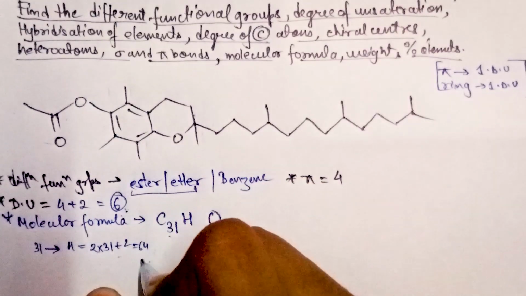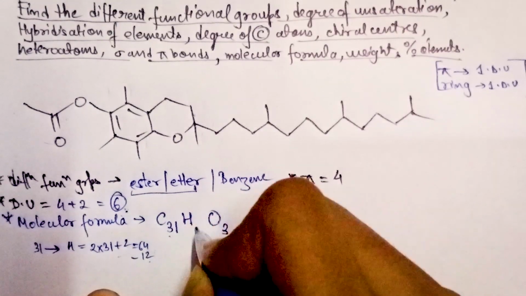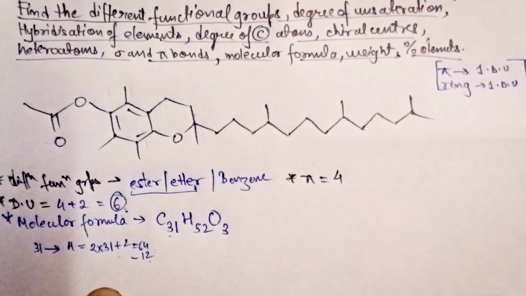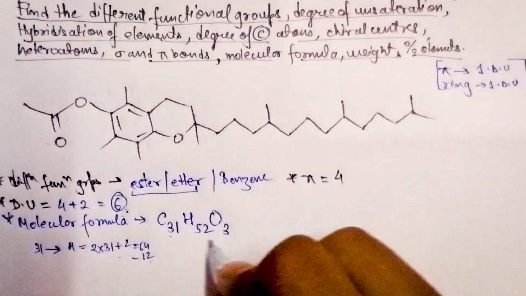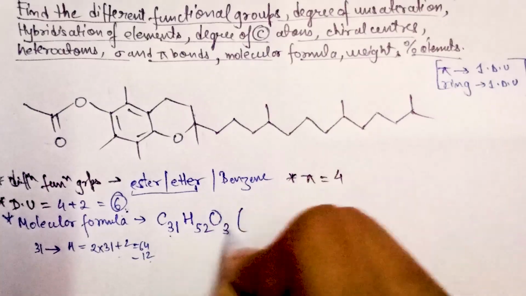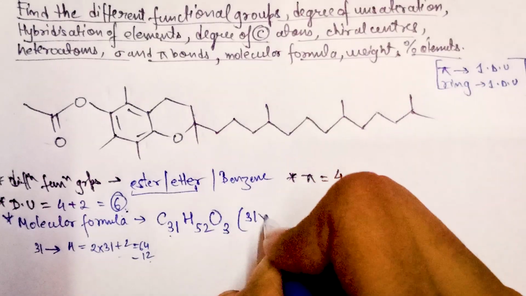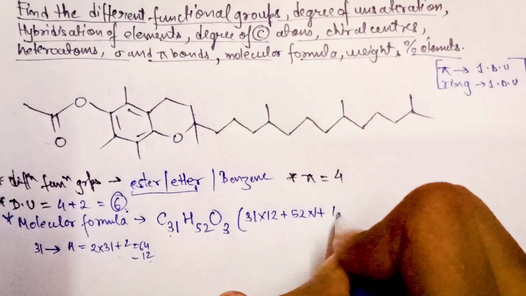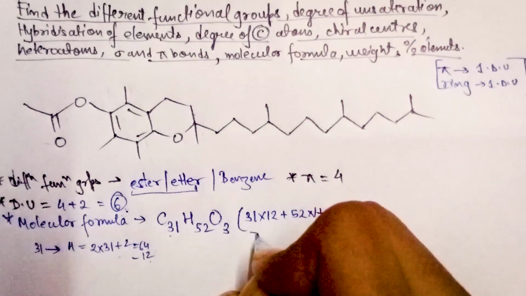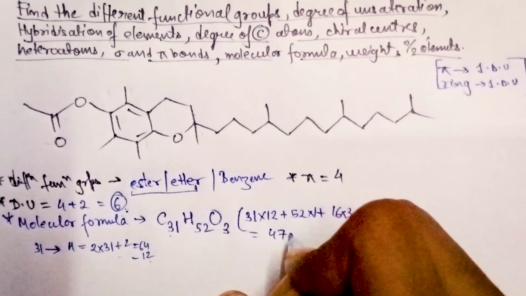Therefore, it must contain 64 minus 12, that is 52 hydrogen atoms, and this is the molecular formula of this compound. From this, we can easily find out the molecular weight, which can be written as 31 times 12 plus 52 times 1 plus 16 times 3, which on solving we get 472.